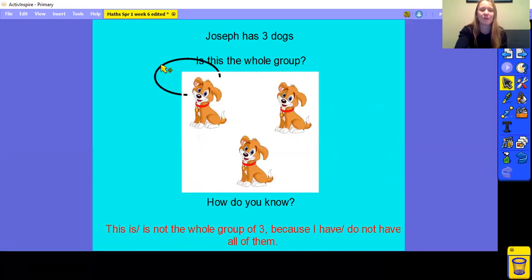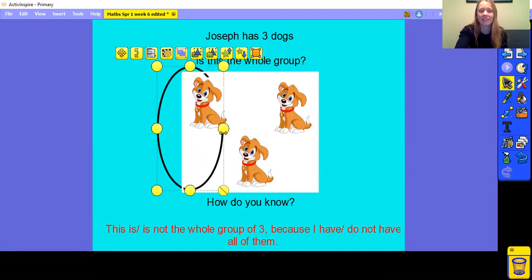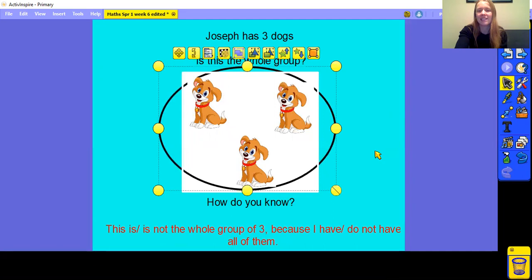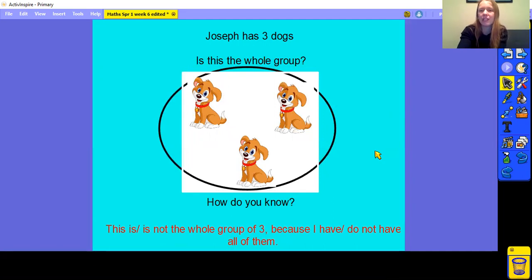Let's have a look at this one. This is the group that we are looking at. It says Joseph has 3 dogs. Is this the whole group? What do you think? Should we count them to find out? 1, 2, 3.